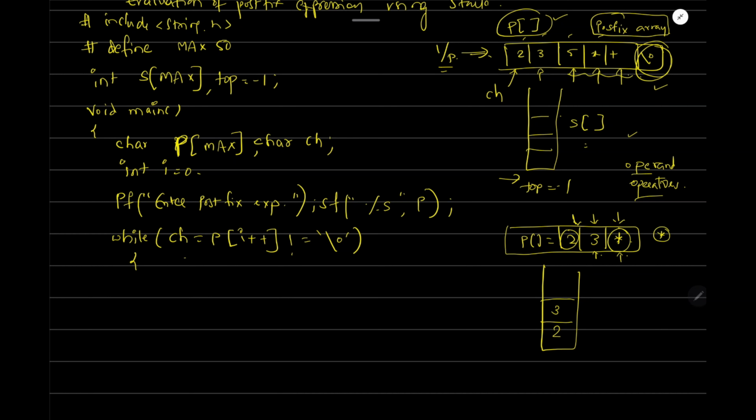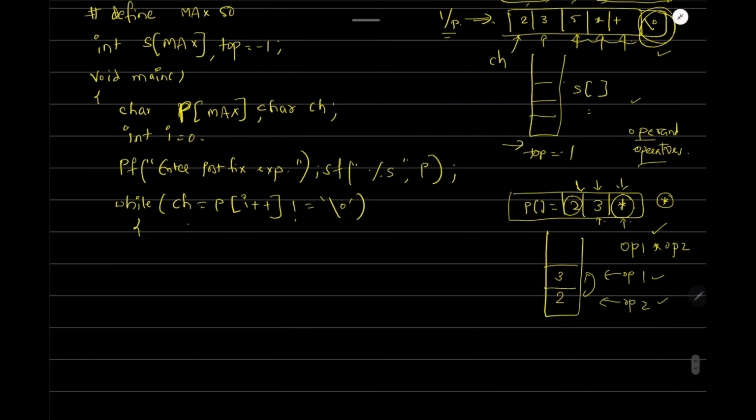Whenever we reach an operator, we'll apply the operator on these two. Let's say this I will put in op1, this I will put in op2. These two are the variables. Whenever we reach the operator, I will be applying the operator on op1 and op2.